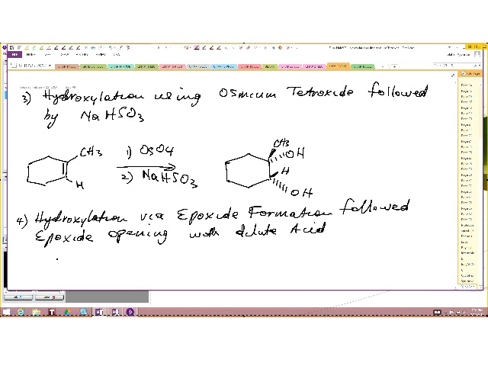Okay? For example, I do this. In this case, the addition of the two hydroxy groups, because this is hydroxylation, will be done in a trans addition fashion. Okay? So we take this.